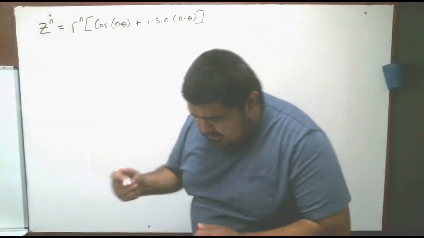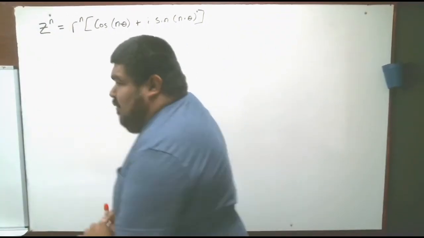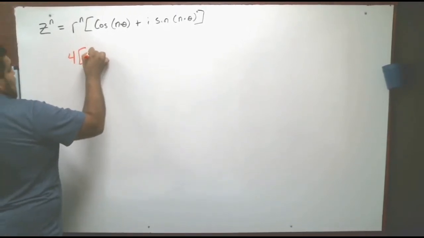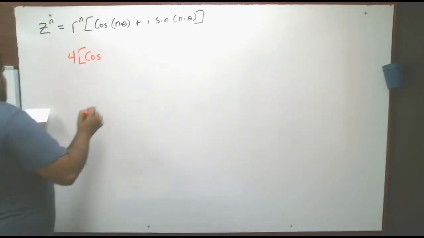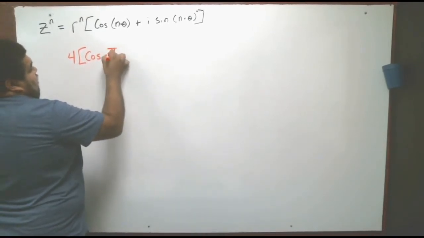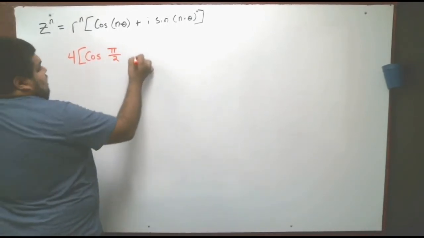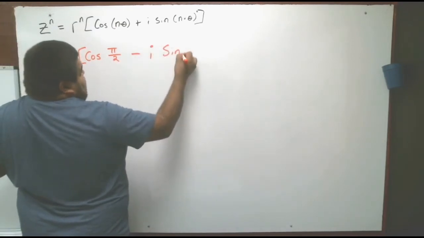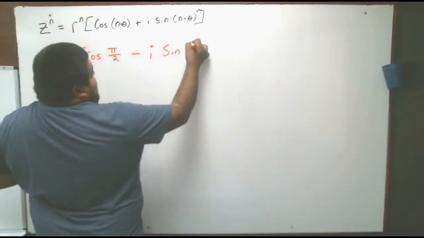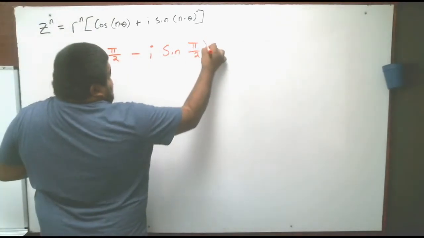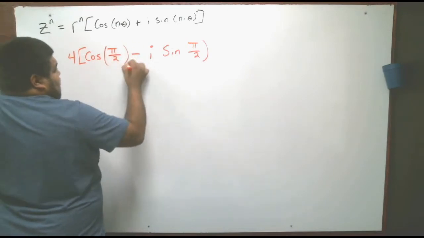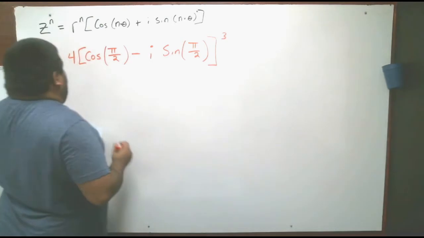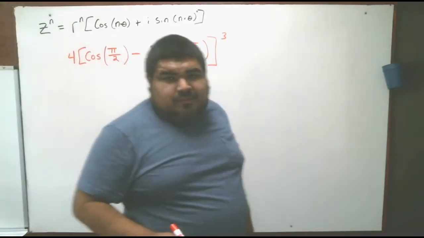Alright, the next one is we have 4 cosine of pi over 2 minus i sine of pi over 2, okay, to the third power.